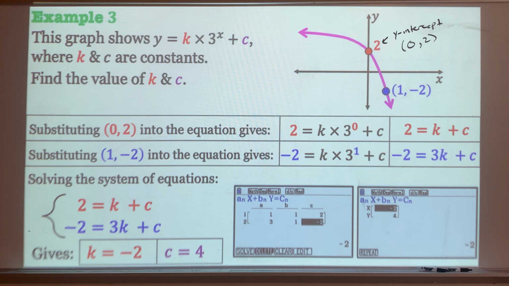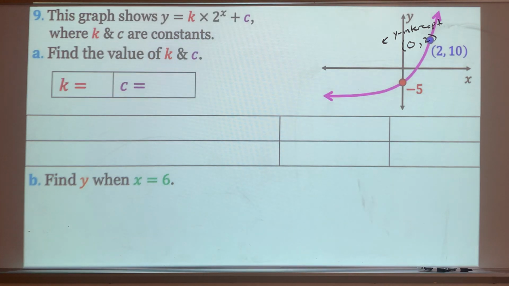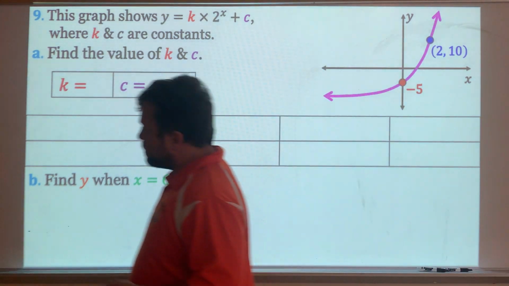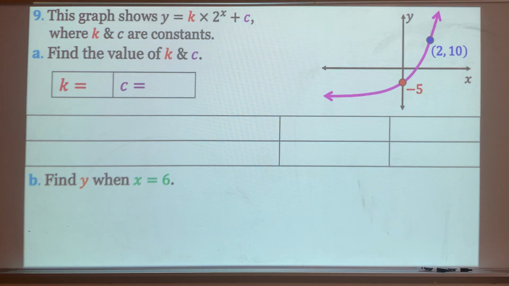Now I want you guys to do a problem. This graph shows k times 2 to the x plus c, where k and c are constants. What you're going to do is find the value of k and c. Go. You can do a couple of these, and then we'll move on.